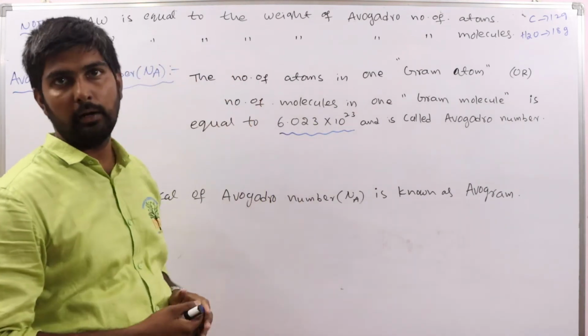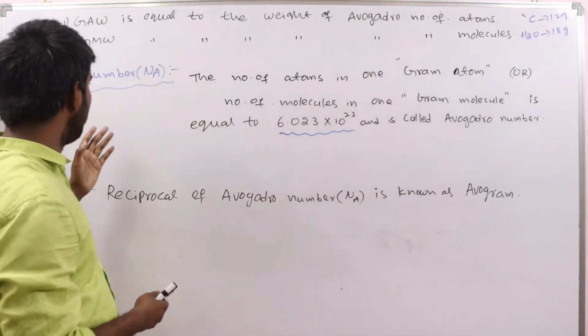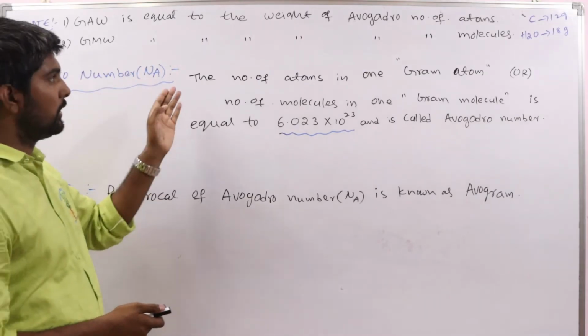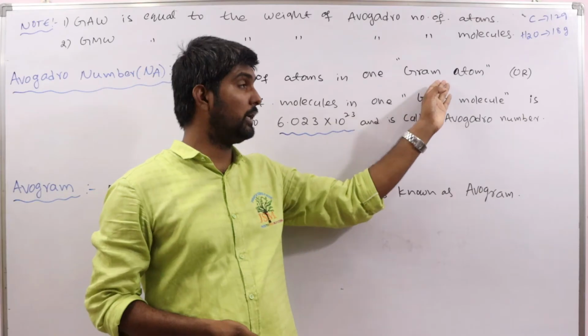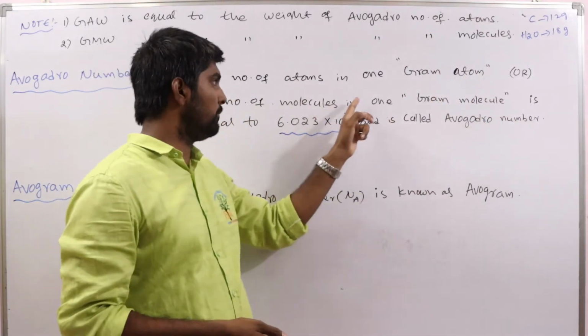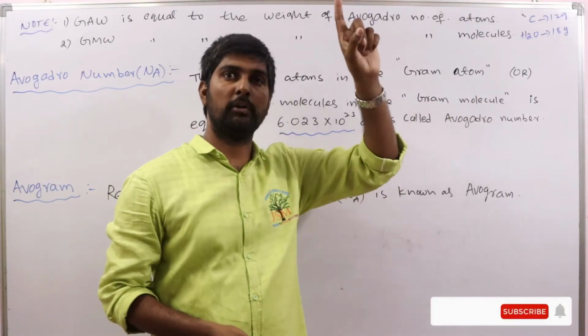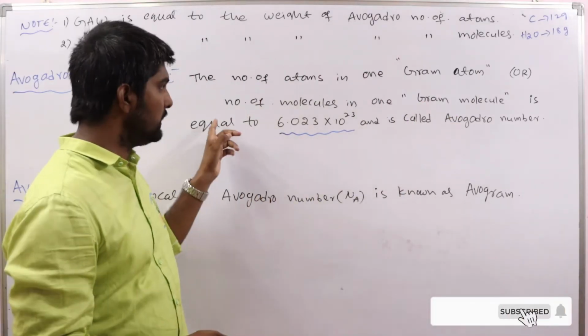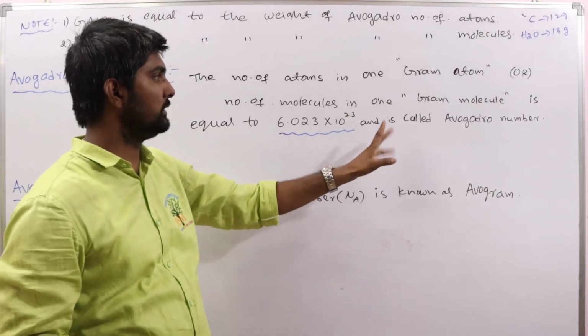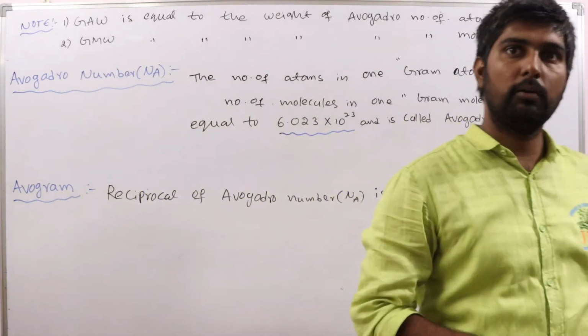So what is Avogadro number? We know very well that Avogadro number is denoted by Na. The number of atoms present in 1 gram atom, or the number of molecules present in 1 gram molecule, is equal to 6.023 into 10 power 23, and this number is called the Avogadro number.